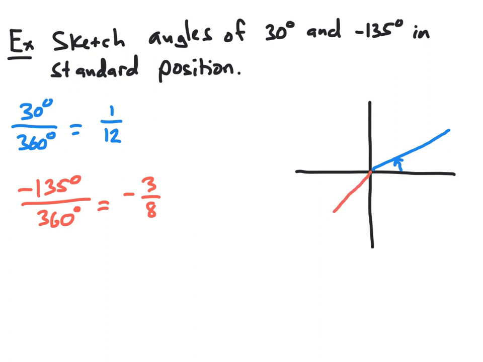And so 3/8 would be a rotation right here. And so this angle here, indicated in red, will be a -135-degree angle. Again, notice that the negative part of the angle is what indicates that it is a clockwise rotation, as opposed to a 30-degree angle, which is a positive angle, is a counterclockwise rotation.